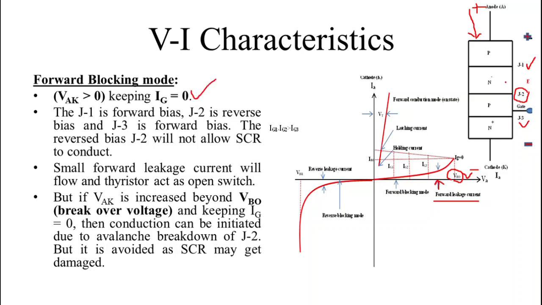This junction J2 breaks, or we can say that avalanche breakdown of this junction J2 takes place. Then thyristor goes into conduction mode. But such conduction practices are avoided as it may damage the SCR.